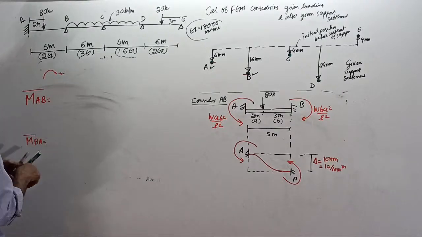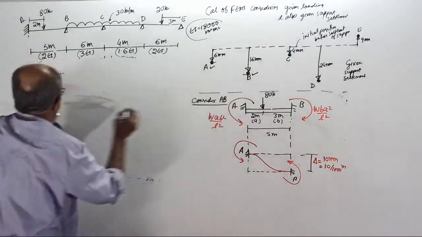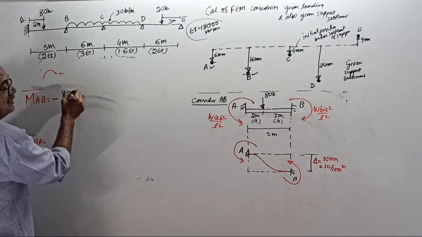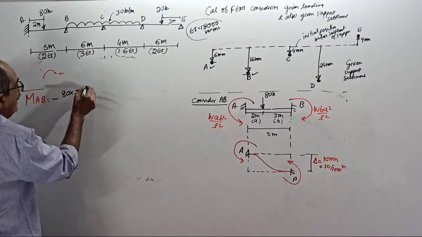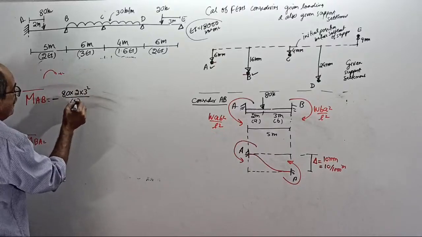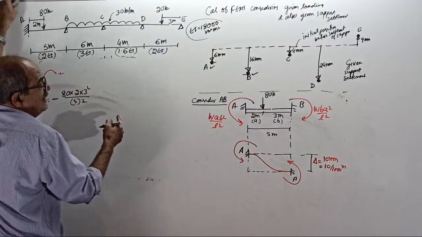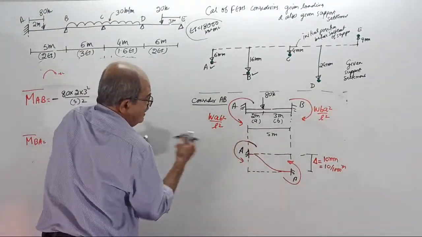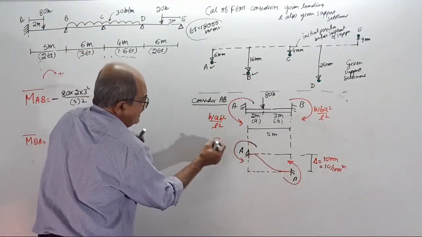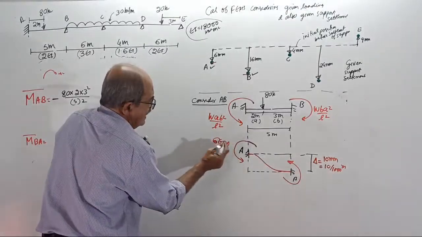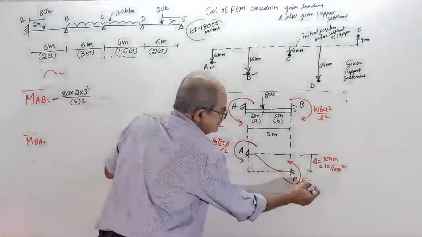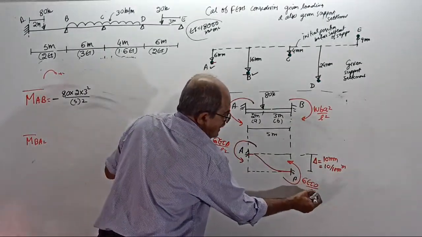See, AB anti-clockwise, minus 80 into 2 into 3 square divided by 5 square. And then here, it is the anti-clockwise formula. What is the formula? 6 EI delta by L square. This also 6 EI delta by L square.